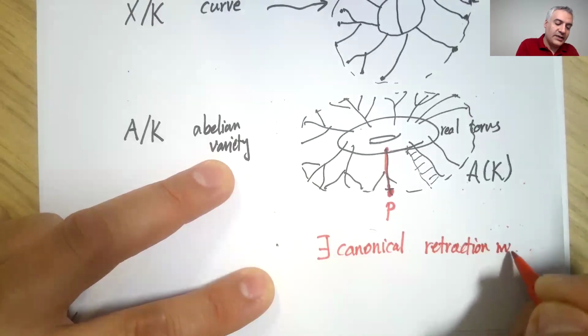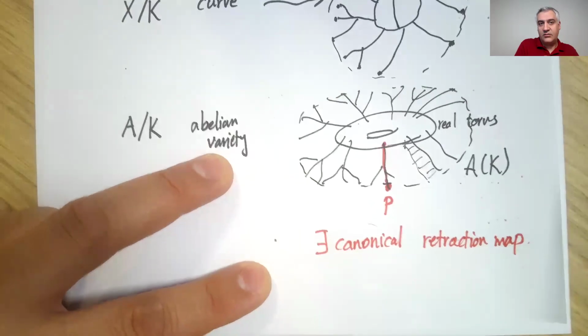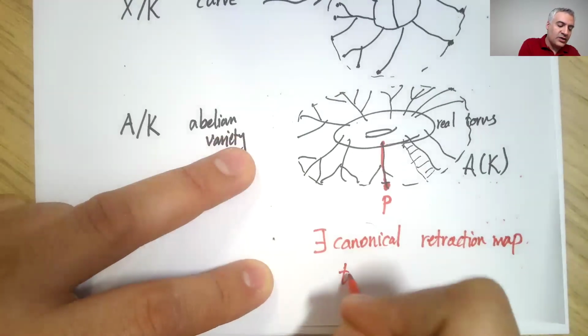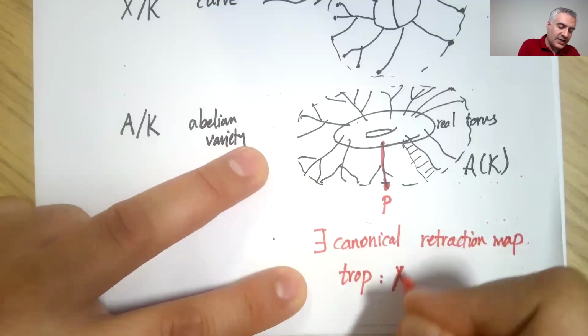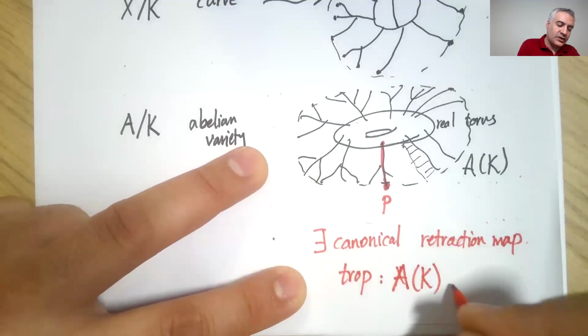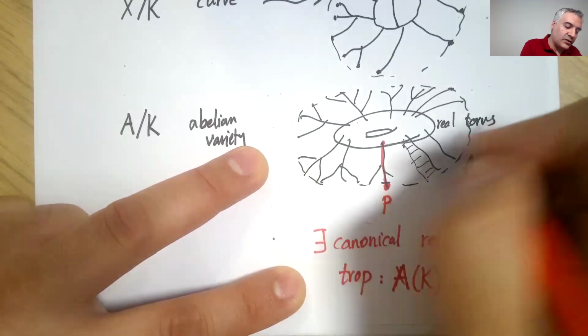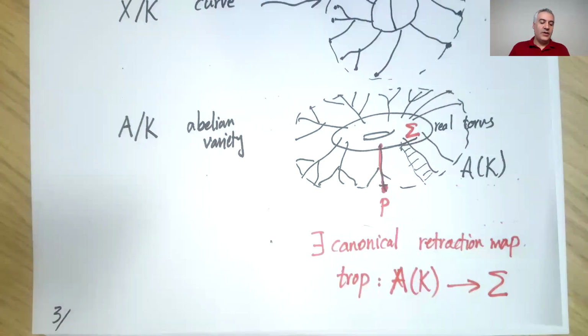In the case of abelian varieties, which can be written down actually very concretely, I will call it trop, from A(K), the classical points, to Sigma, which I will call this real torus sitting inside the Berkovich space. And I will call this the tropicalization map.